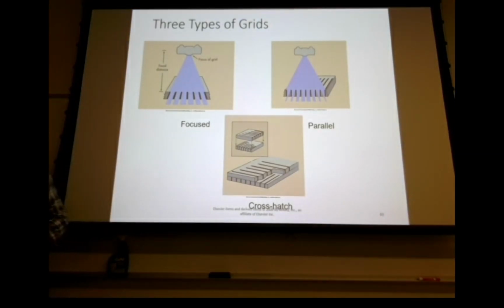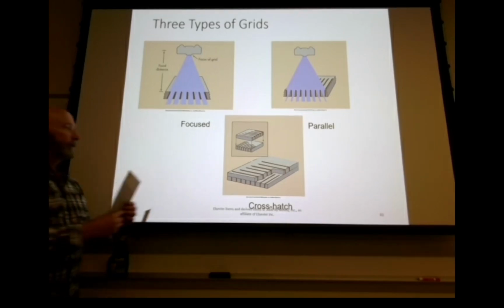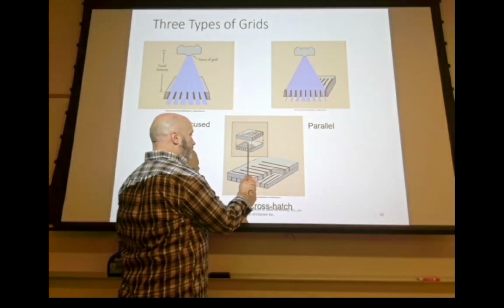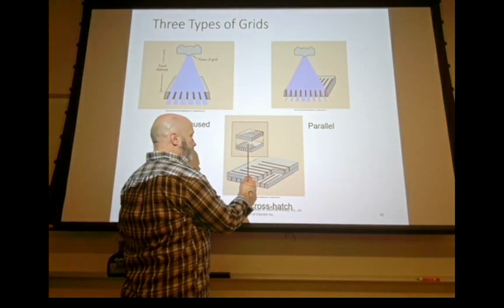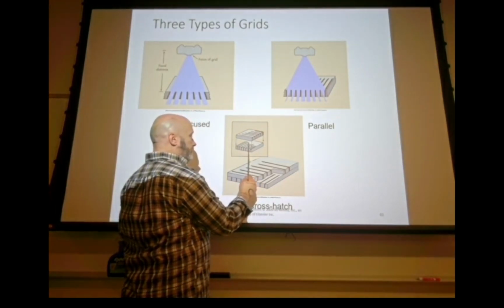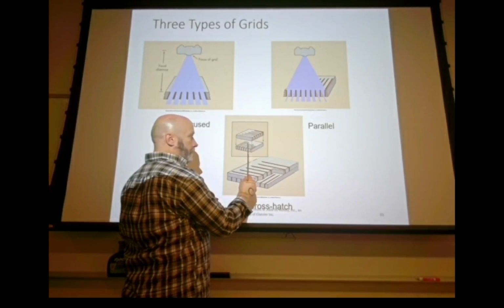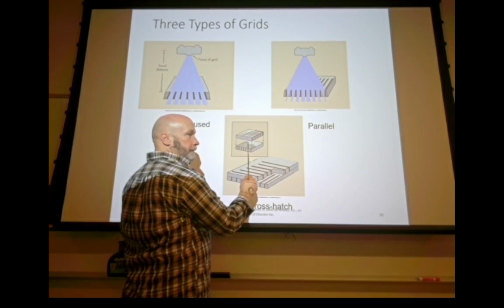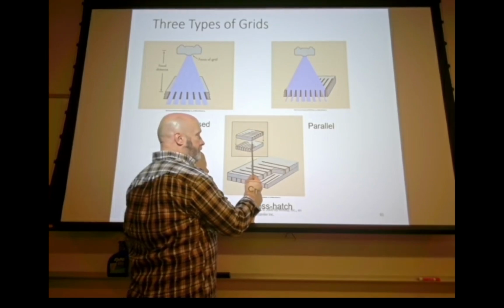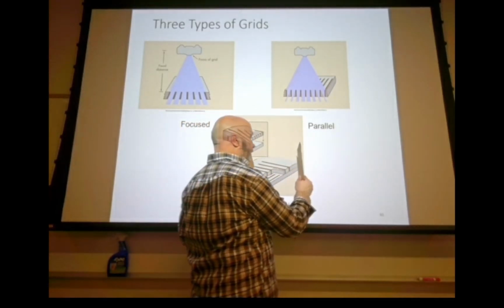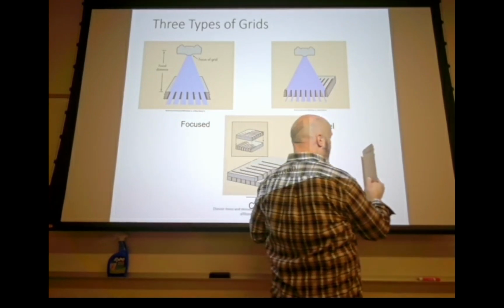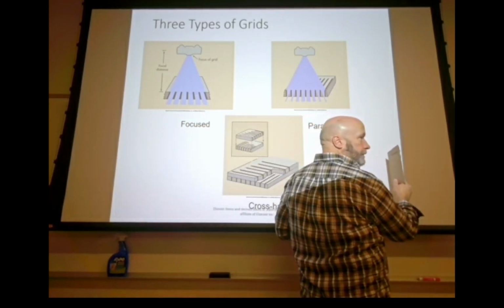The issue with a parallel grid is this. In the middle of your grid, you've got the smallest possible footprint of the grid strip, right? So as I move away from the middle, though, what happens to the appearance of the grid strip?